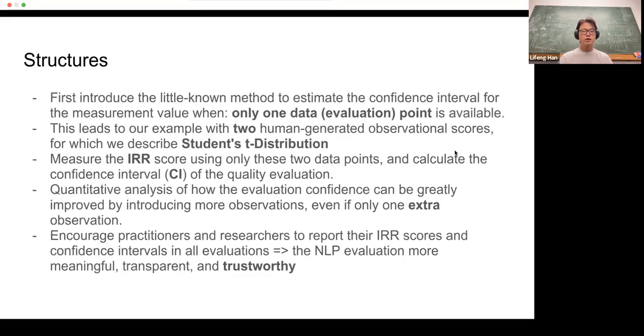The structure of our work is that we firstly introduce the little-known method to establish the confidence interval for the measurement value when only one data evaluation point is available. This leads to our example with 2 human-generated observational scores, for which we describe Student's t-distribution, to measure the IRR score using only these 2 data points and calculate the confidence interval of the evaluation.